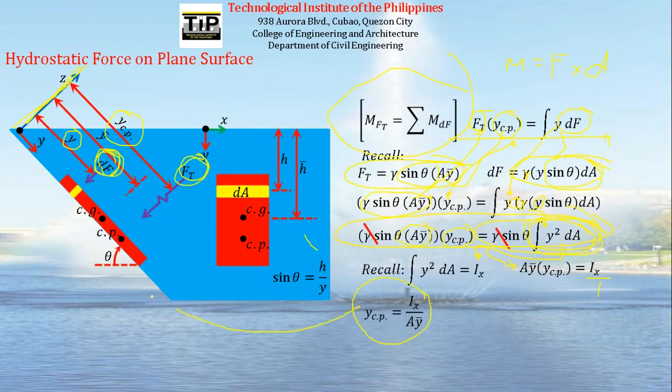So ito pala yung formula natin for solving y sub Cp. We just need to get the moment of inertia along x, this rectangular surface, divide by the area times y bar. We can get the y sub Cp.